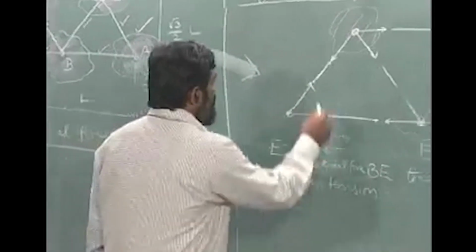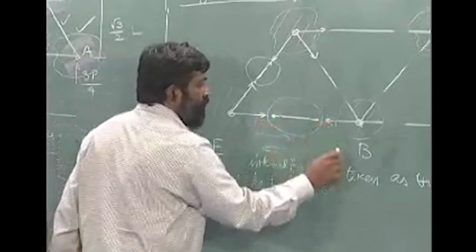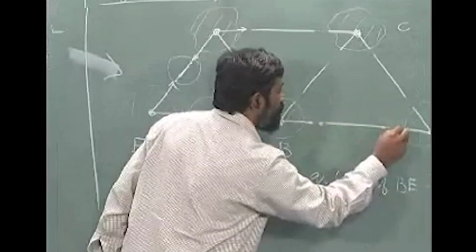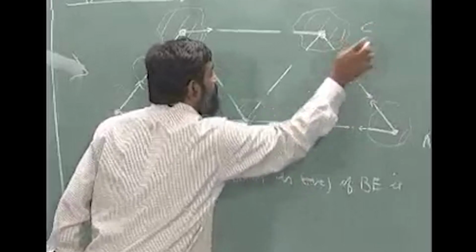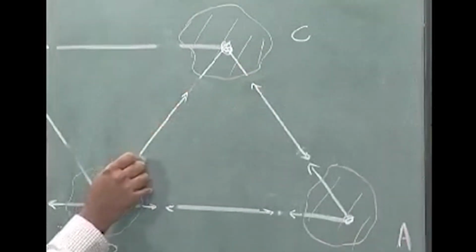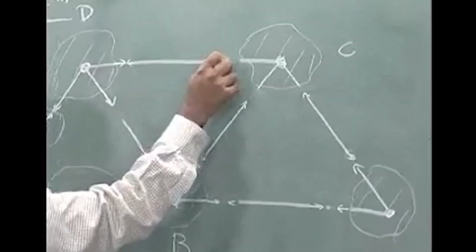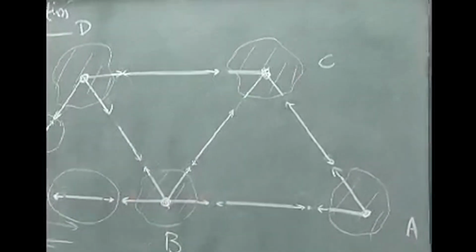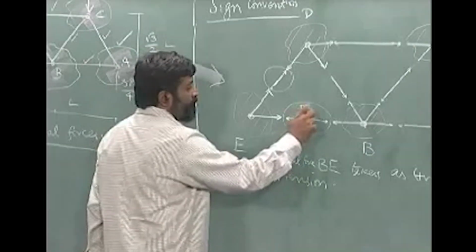Now examine these to get an idea of what kind of force I have drawn. Let me just encircle them to get you an idea. Let us take this member BE.